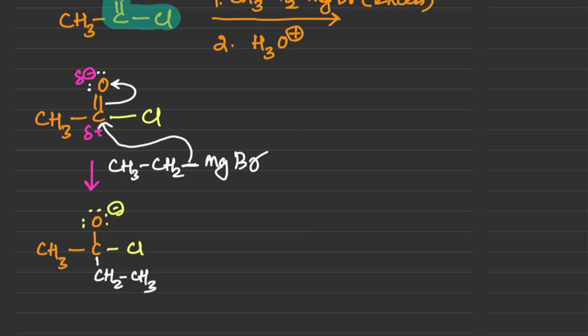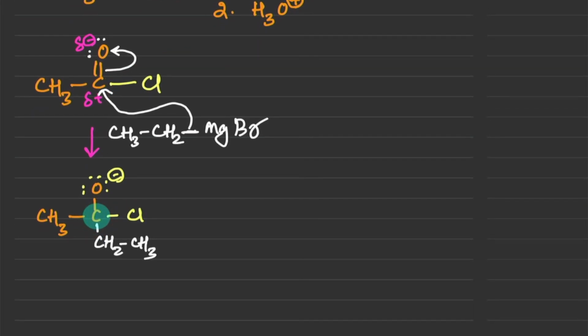So pay attention to the carbon atom here. What kind of hybridization is this? This is sp3 hybridized. But if you compare, here it is sp2. So this sp3 carbon atom is our tetrahedral intermediate, which is why we call it a tetrahedral intermediate.